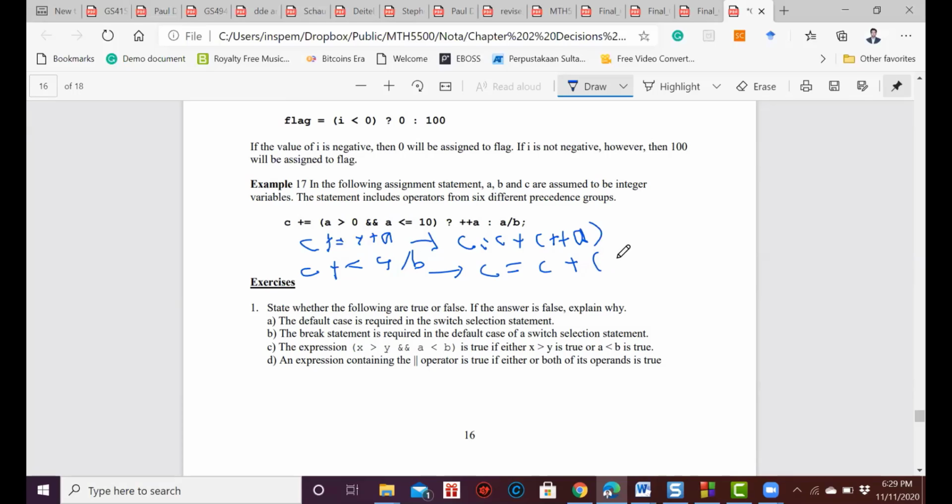If you are missing the bracket here, the logic will be wrong.